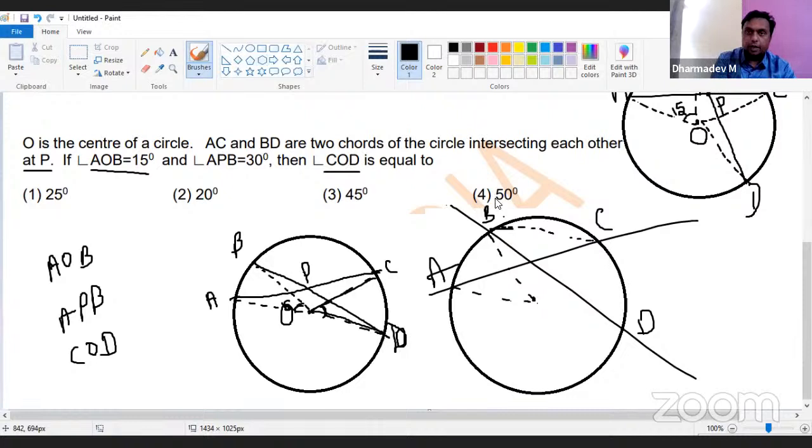Okay, so sorry, ACB is twice that of AOB. This is going to be 2 times. If this is 15, then I can say that this is going to be 30. Are you clear with the equation? Yes or no?